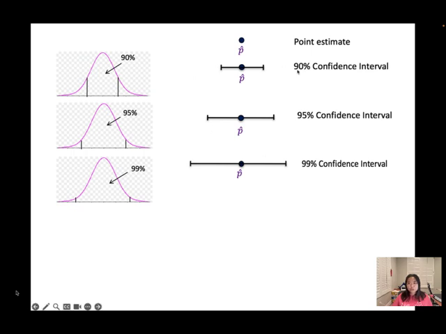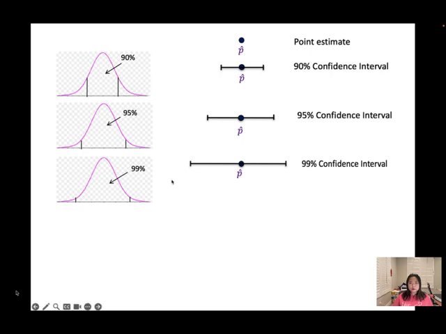Of course, if you construct a 90% confidence interval, then your estimate will be more accurate. It means it will be really, really close to that point. But if you construct a 99% confidence interval, it may not be that accurate, but you have a higher chance to estimate the correct value.